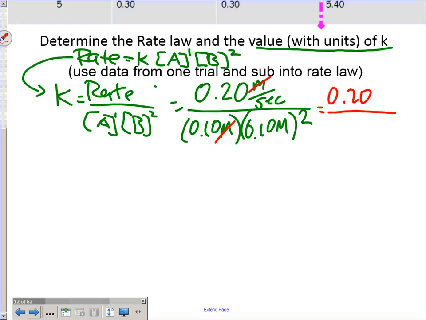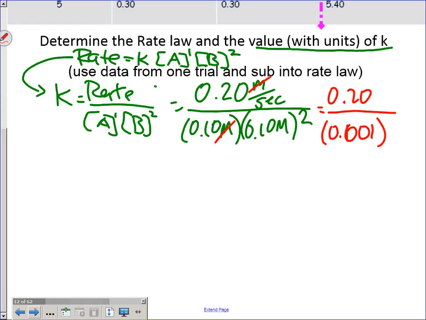Let's stretch our brain. 0.2 over 0.1, and this is 0.1 squared, right? So that's 0.01, correct? What's 0.01 times 0.1? 0.001. So then that's what? One. It's 200, right?